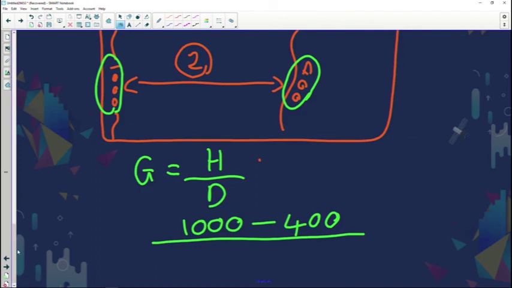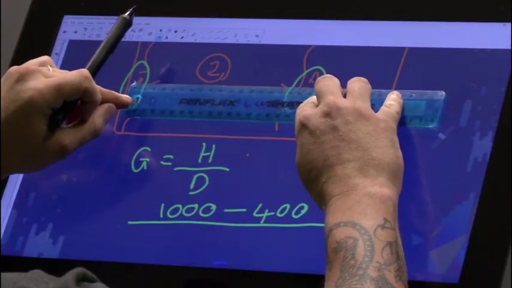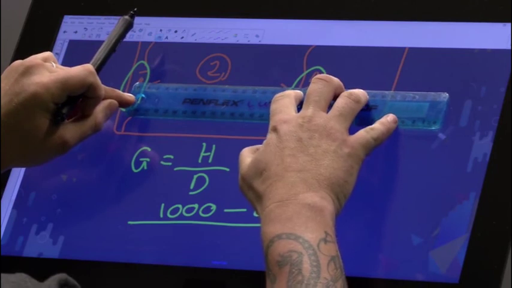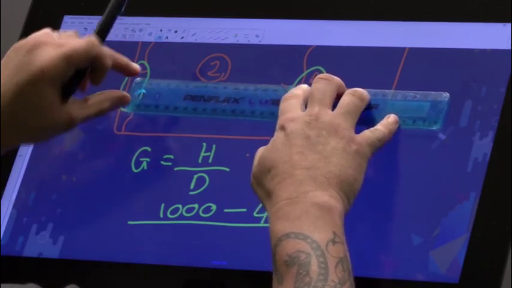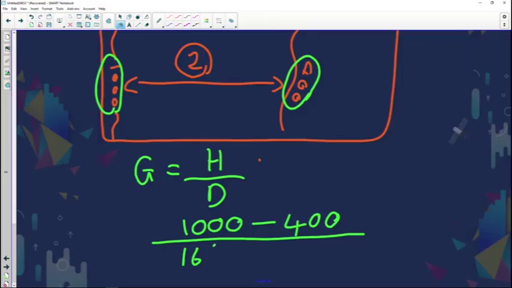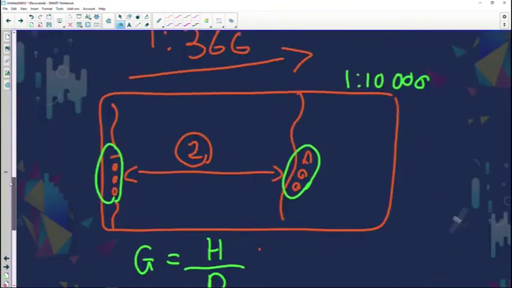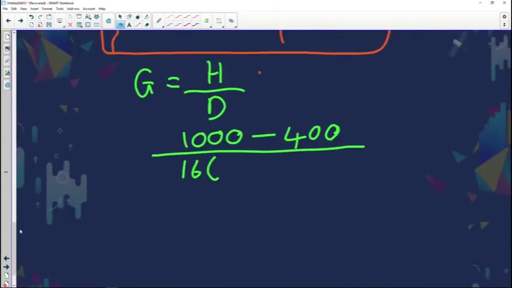And then we measure the distance from contour line 1,000 to contour line 400. You place your ruler between the areas. In this case, you can see it's 16 centimeters. But here's the catch. Because we're working off the orthophoto, what are we going to times the 16 with?